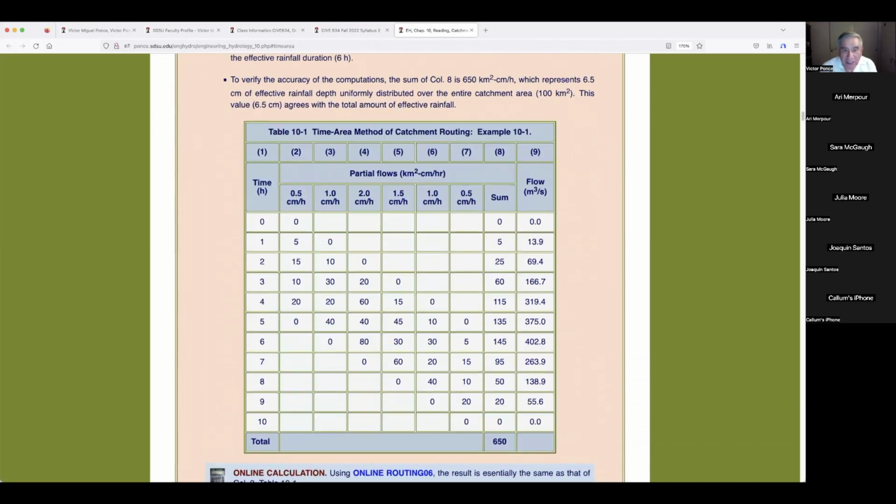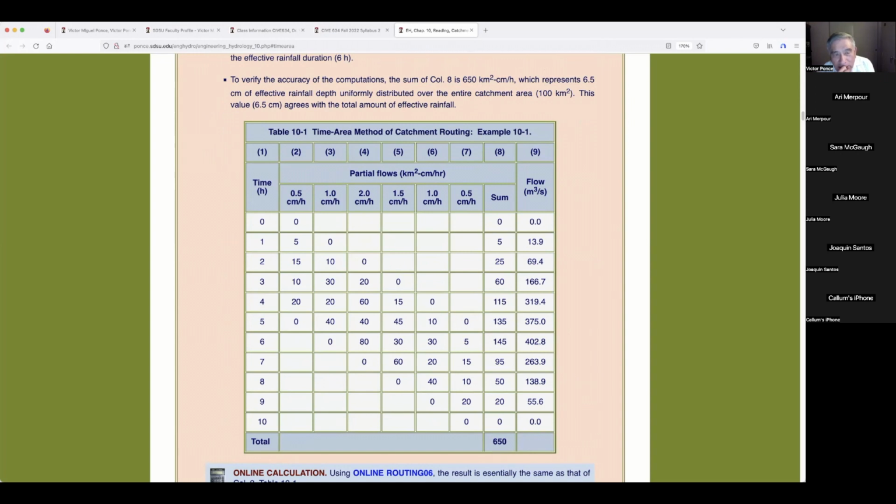Actually, the problem is not that difficult in here. When you present it the way I'm presenting it, it's not that difficult. You have time in column 1, and in the blue, you're going to have the effective rainfall.